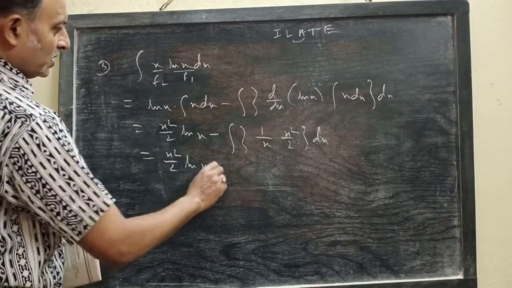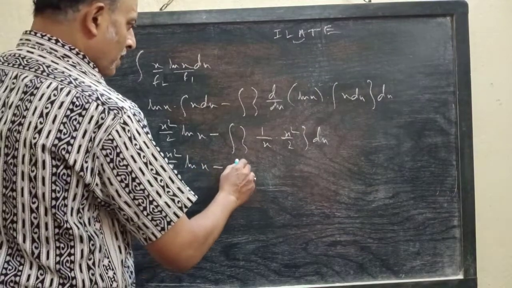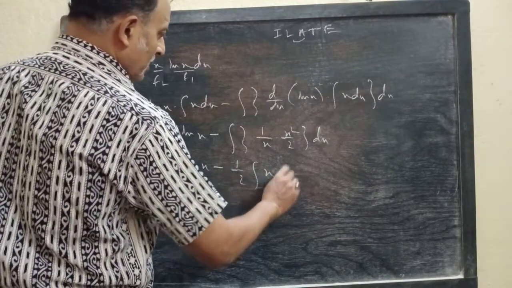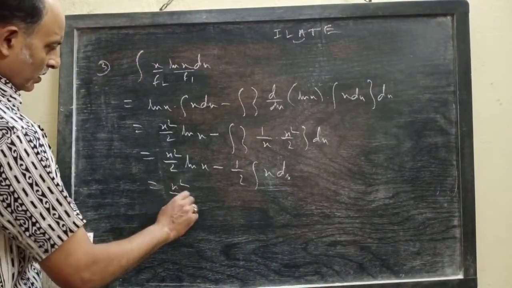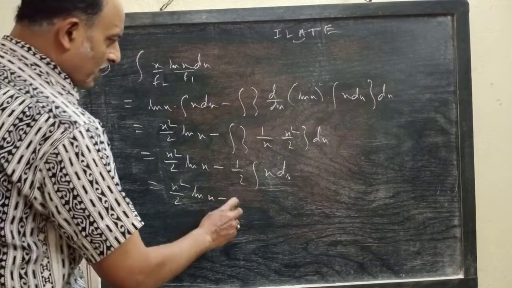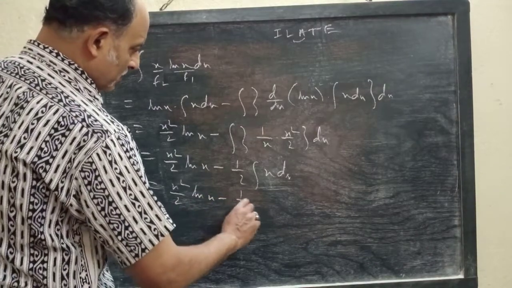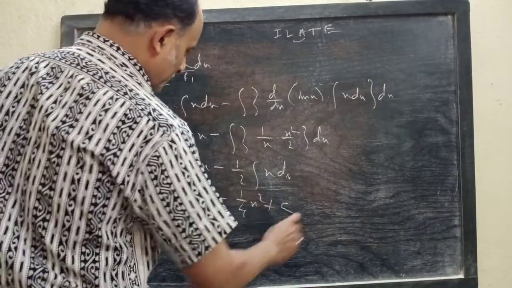That gives x square by 2 ln x minus half integration x dx, because x square by x is x, so x square by 2 ln x minus x square by 2, that is 1 by 4 x square.